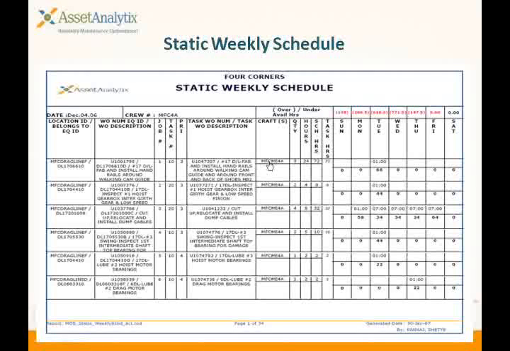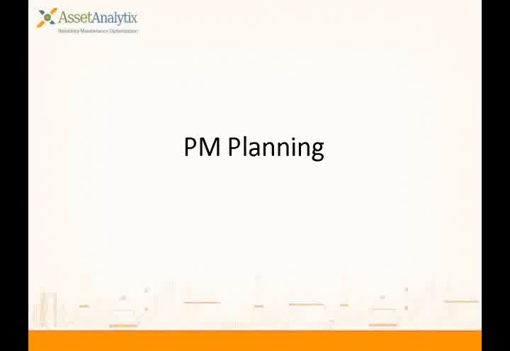One can perform opportunistic PM as well. So this type of schedule can be very helpful to the people who are going to work on either EM or CM as well. So let's talk about PM planning while we are on this schedule.